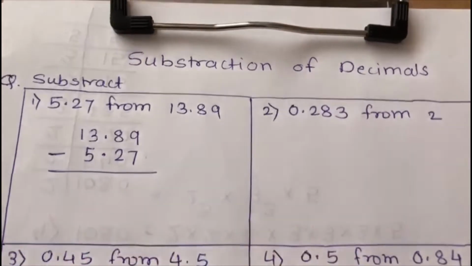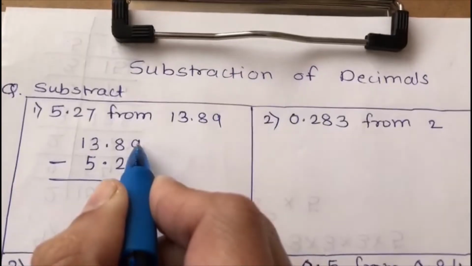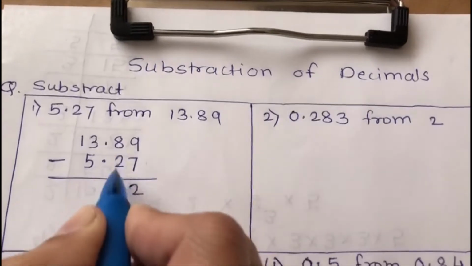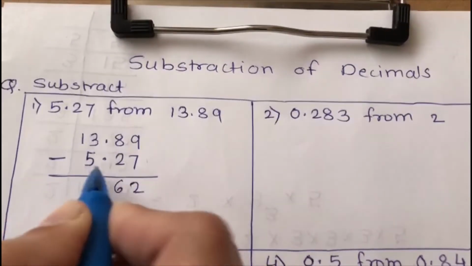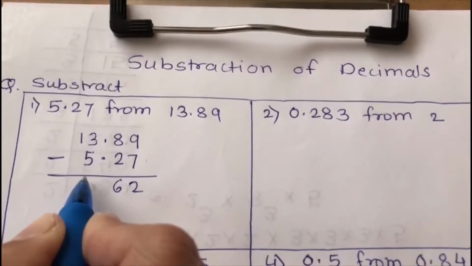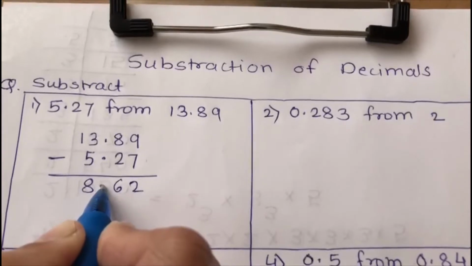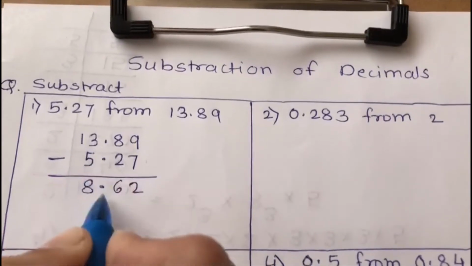Now we are going to subtract this value. So 9 minus 7 is 2, 8 minus 2 is 6, and 13 minus 5 is 8. And I give the decimal point just below this decimal point.